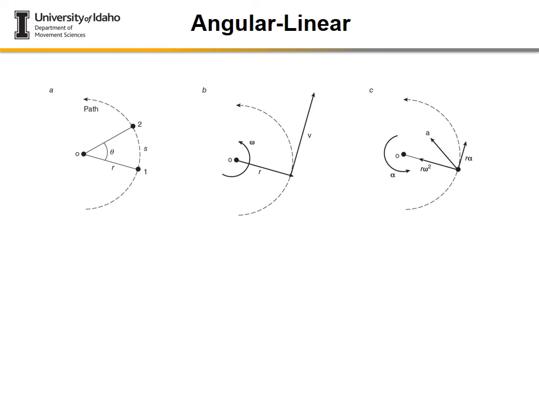To take it further, these are some more depictions of what we have. You can see the arrow on the inside of B, so A represents the arc length, so S equals R theta. Here we have VT, which equals R omega. And over here you have the two components, which are acceleration tangential and acceleration centripetal. The centripetal is R omega squared, and the tangential is R alpha.